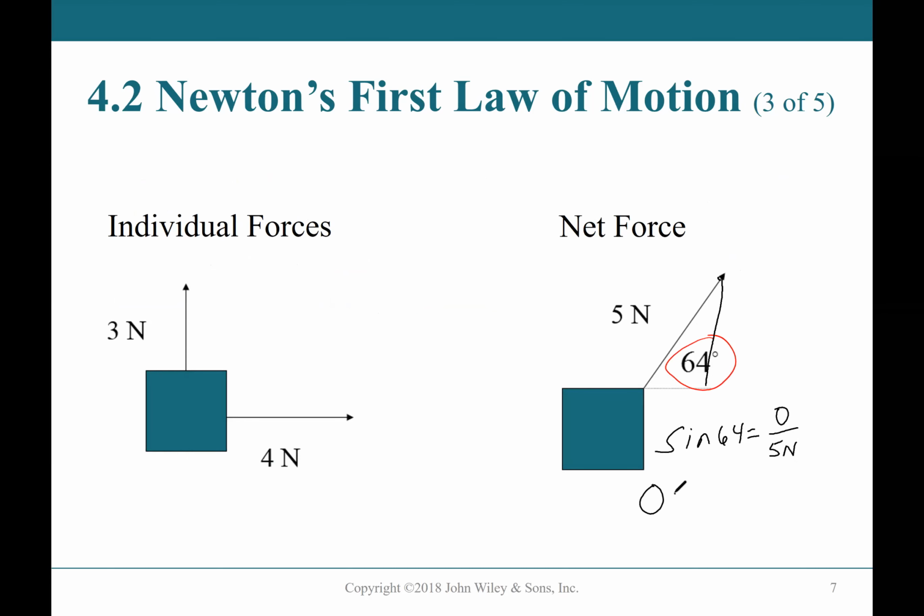So my opposite side, okay, the sine of 64, what is that? The sine of 64 is 0.89, and multiply that by 5, and we will get 4.49 newtons. So clearly, this is not the net force for these individual forces. I'm not sure if you made an error there or what.